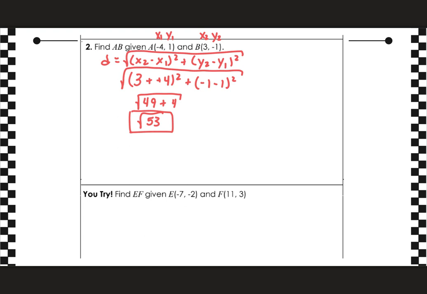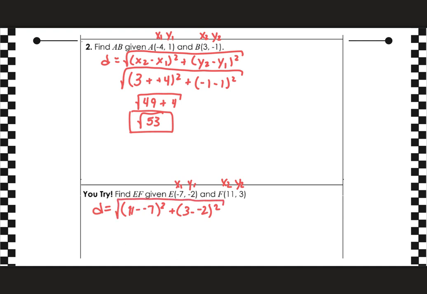All right, so these are what you call plug and chug. So I'm going to assign x1, y1, x2, y2, put that in your formula, and you can always have that formula given to you. So that is not a formula you will have to memorize. So I'm going to do 11 minus negative 7, squared, plus 3 minus negative 2, squared.